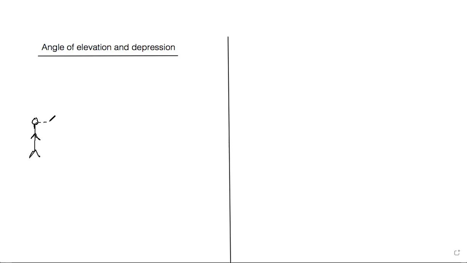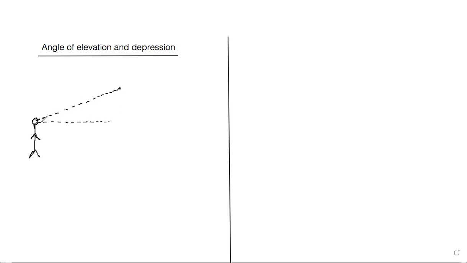So if this is the eye level, and this is the line of sight of the observer, the person is looking at that object somewhere here, above the level of his or her eye.